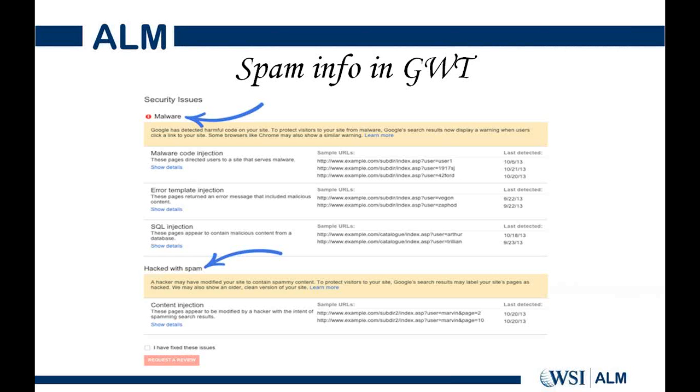Now they've given you a direct way to communicate with them. Just check the box that says I've fixed these issues, hit request a review, and you're all set. Google will remove that message at the bottom of your website in due course. So that's the latest information.